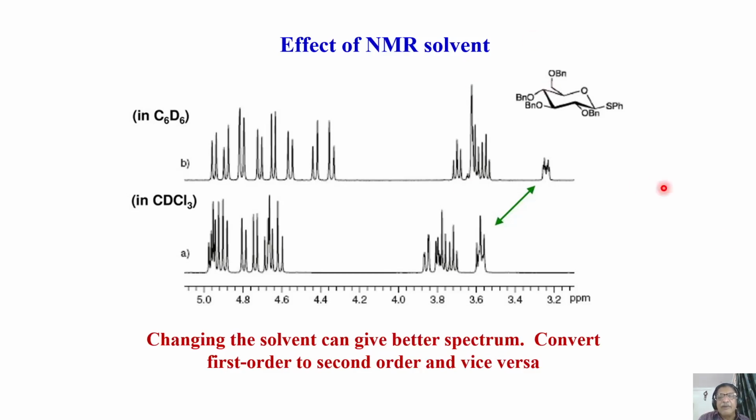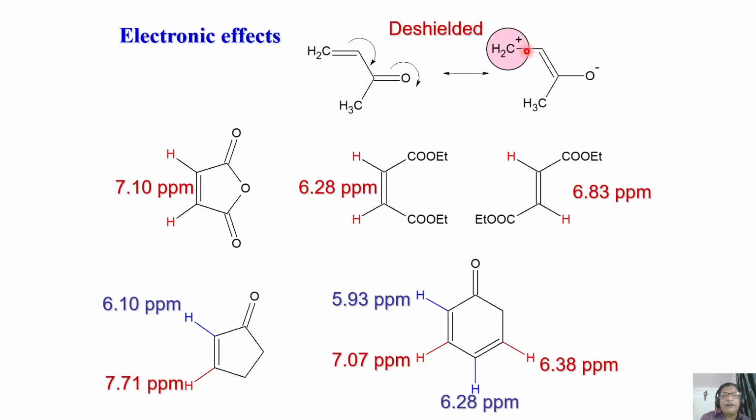But in some examples of molecules like this, or where we saw in the previous example, where OH was performing hydrogen bonding with the SO group of the DMSO, there was a change in the spectrum. Only when there is intermolecular interaction between the solvent molecule and your molecule of interest do you sometimes see a different spectrum. The quality of the spectrum will be different. You get better dispersion and better resolution. Not always, but please remember this point.